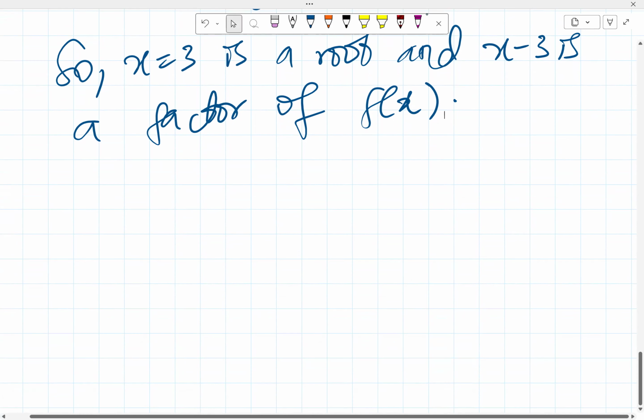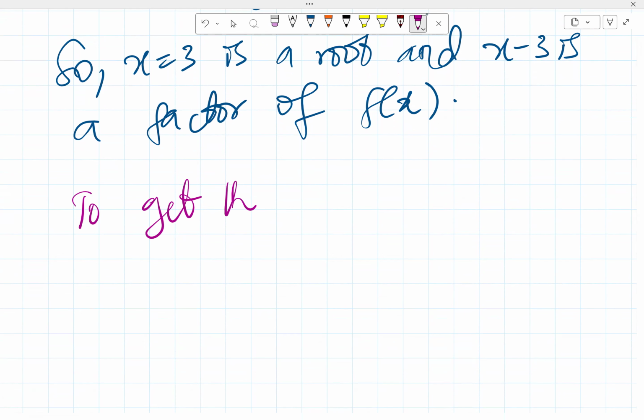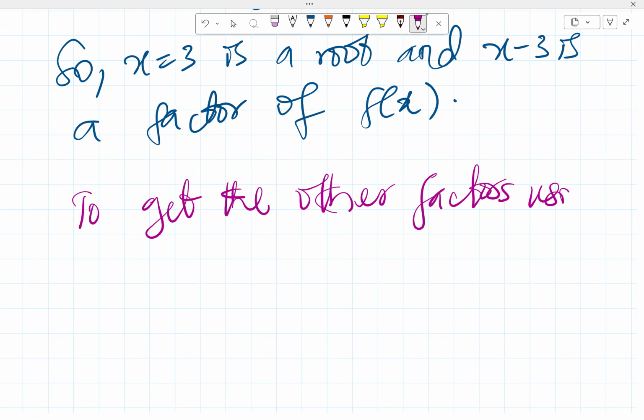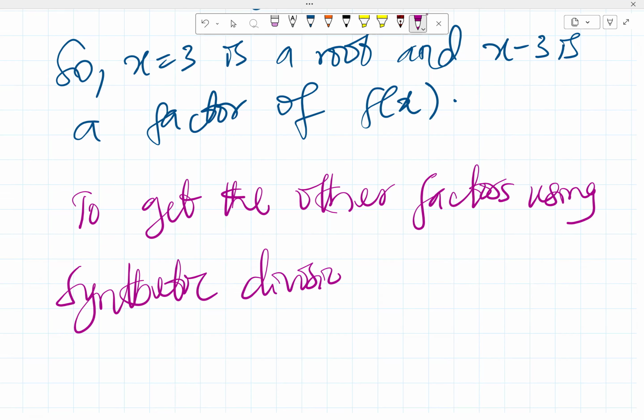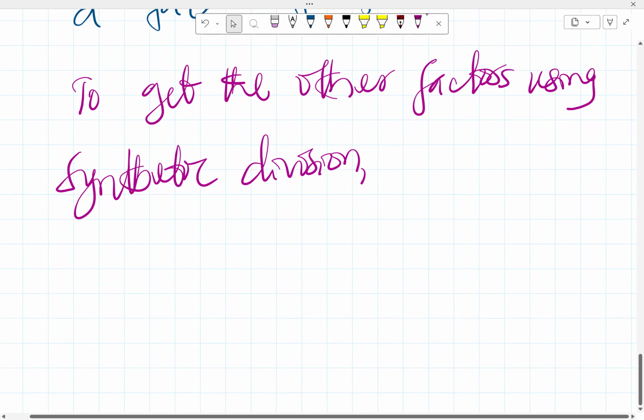So now that we have this, we can then say to get the other factors, using synthetic division. Okay. Again, let's remember where we are coming from.